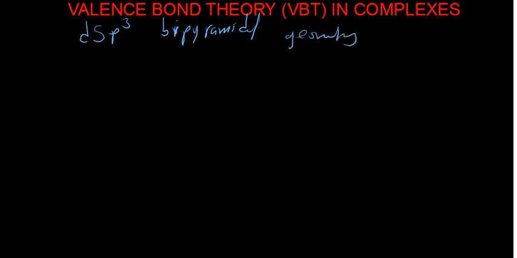Whenever we've got dsp3, the geometry is bipyramidal. Okay, that is the molecular geometry. Actually, I've even left out a word here. It's trigonal bipyramidal.